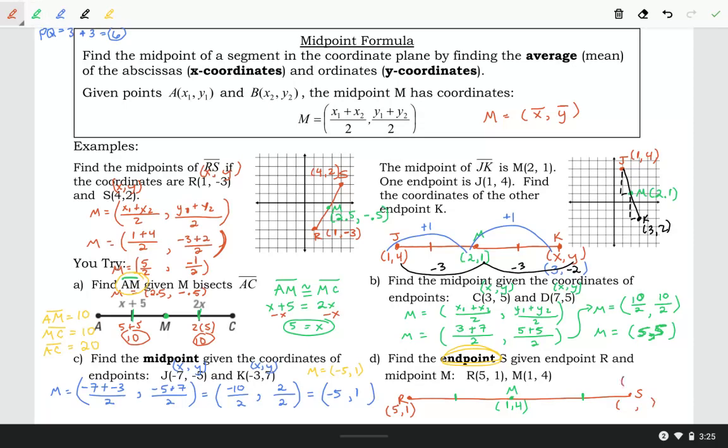Now we know that S is going to be in an XY format, but we want to find the numbers. So we take our X's and we figure out that to get from 5 to 1, we had to subtract 4.